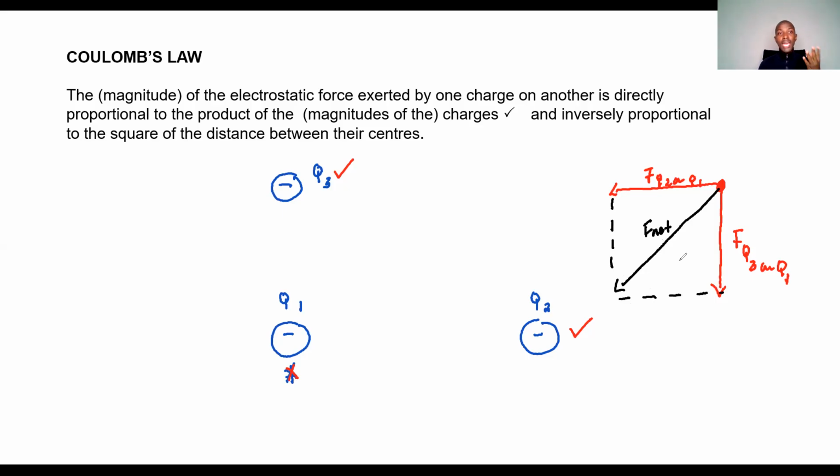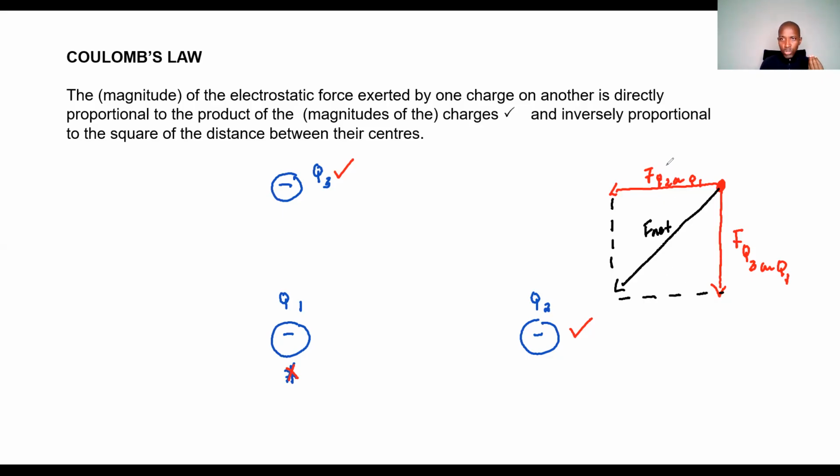Since force is a vector and we're solving it using vector methods, we need to use Pythagoras' theorem. What are we looking for? We're looking for the net force. So what do we have?